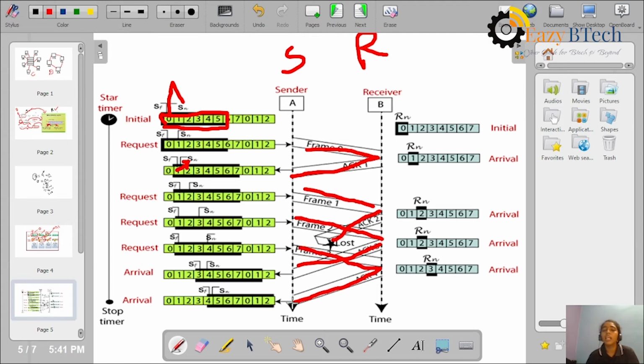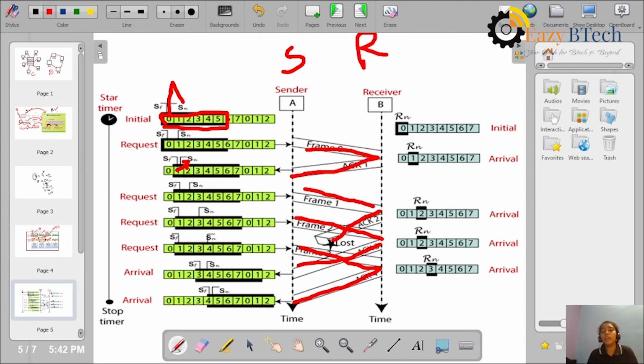Here subsequent frames will be sent, meaning whenever one acknowledgement is lost, all the subsequent frames in the particular sliding window will be sent again. So this is the concept of Go Back N.